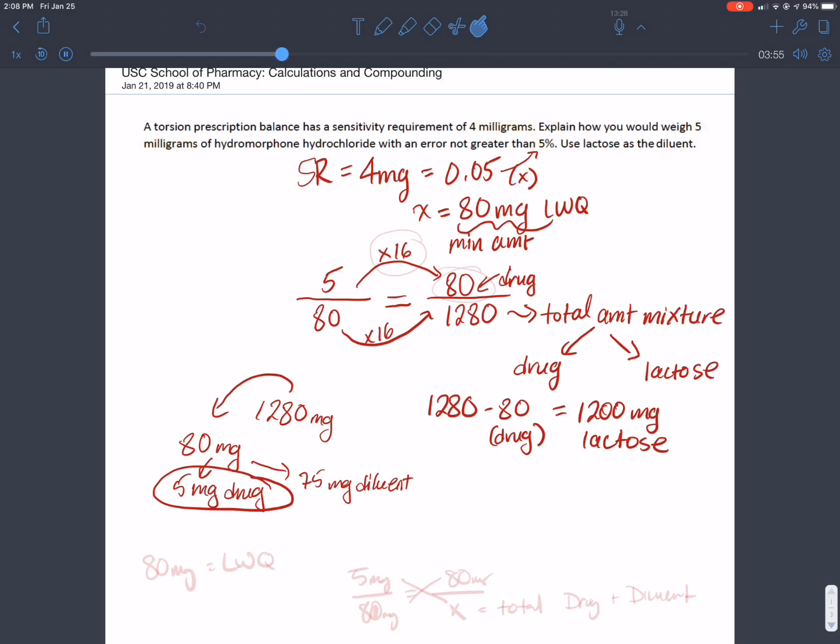And to do a different version of this problem, because there are multiple ways, originally Ani had used this multiplication factor of 16 to get the 80 value that we see here. But in another version of this, we can do a different method where we would originally have the 80 milligrams least weighable quantity, which I'm going to be writing here.